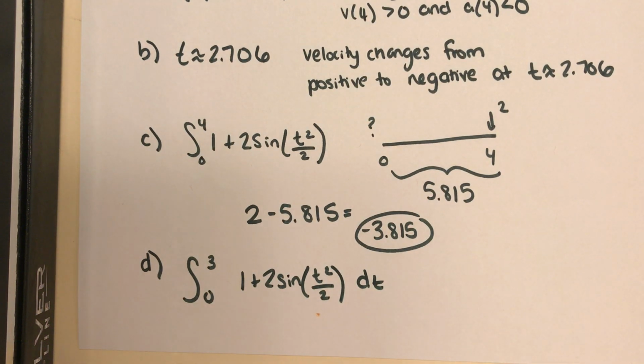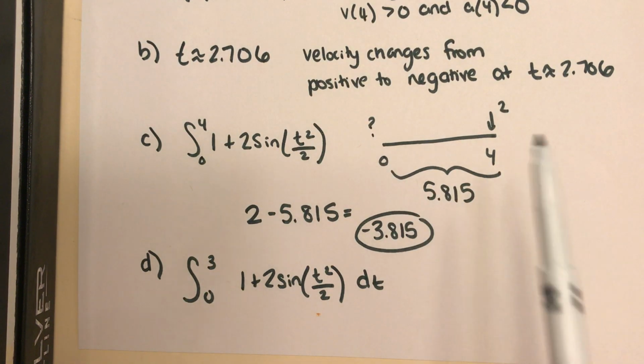Now the problem is they want the total distance traveled. So if you look back at C, we got some negative values because we were talking about position. So we got to think about this. Let's say you went forward and then you went backward and then forward again and you ended up at 2.